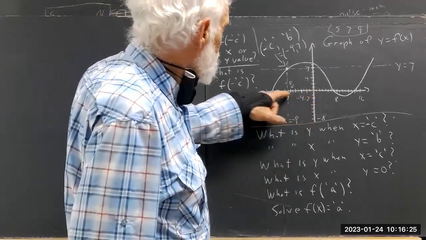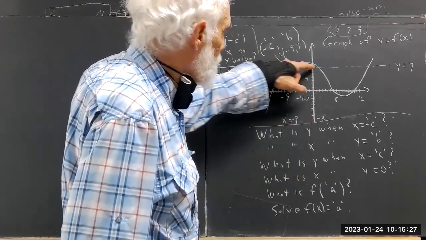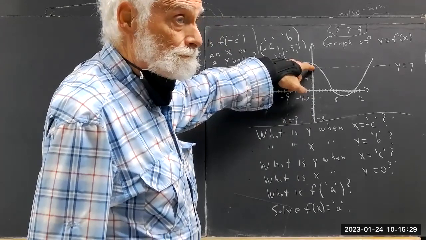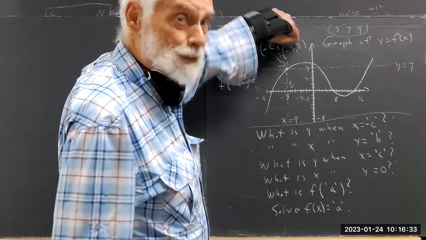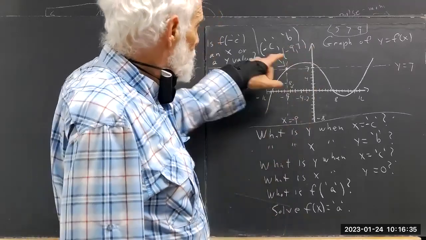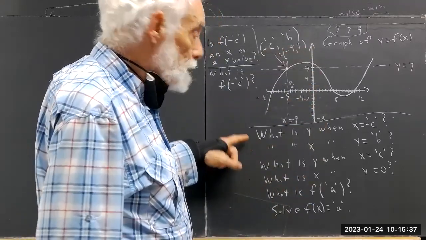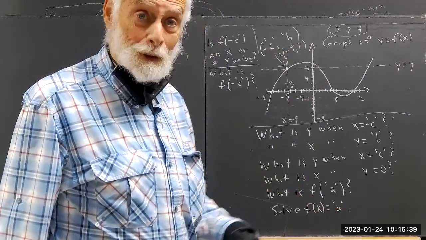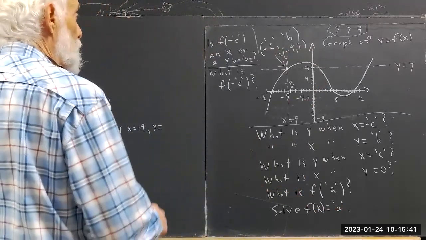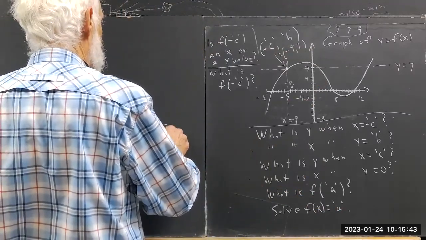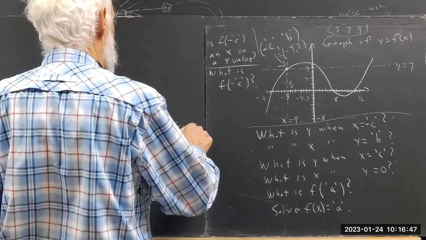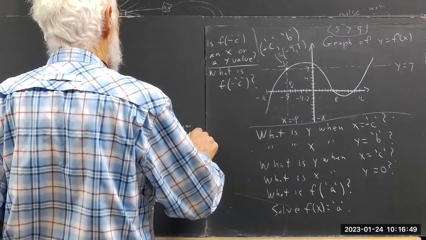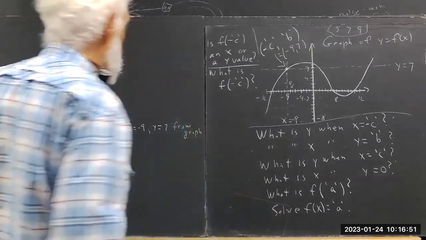Well, if x is -9, we come up here and we see that y equals 7. And that's no surprise because I already said when x is -9, y is 7. Okay, so it comes back to the original point. I wanted to start you off with a couple of easy questions, okay? Y equals 7. And that's from the graph.